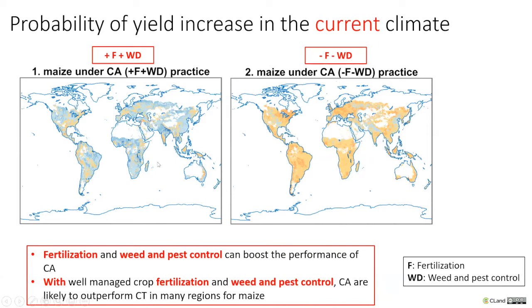We can clearly see that fertilization and the control of weeds and pests can boost the performance of CA. In the figure on the left, with well-managed crop fertilization and weed and pest control, CA can outperform CT in many regions for maize.